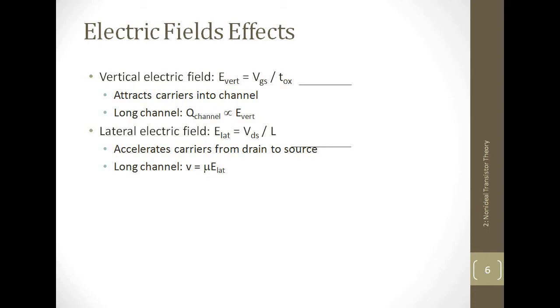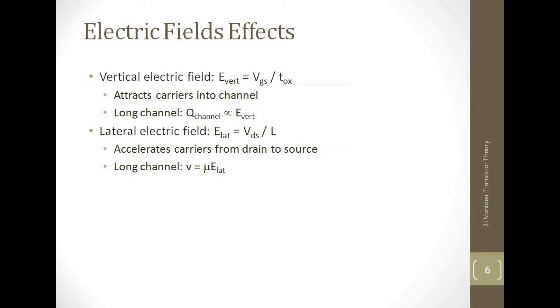Now if I look at the lateral electric field, it accelerates carriers from drain to source. It is not just attracting carriers into the channel. What do I mean by attracting carriers into the channel? It is nothing but the channel getting formed over there.